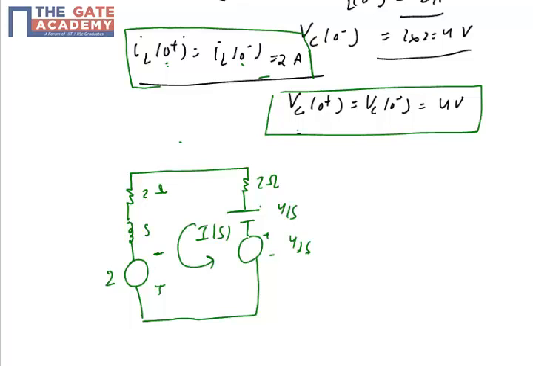If you remember, the inductor has two forms in the Laplace domain. Inductors can be represented in the Laplace as Ls in parallel with a current source of I(0 plus) upon s.